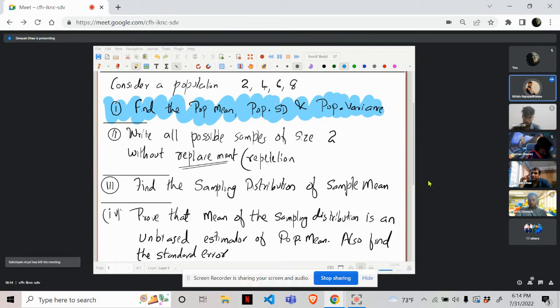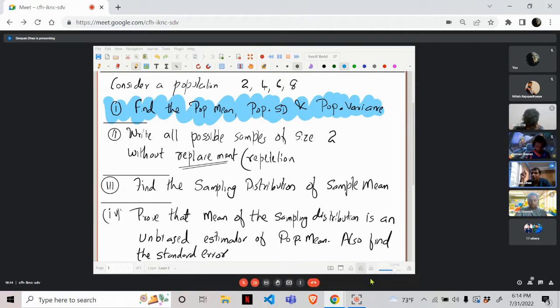Sure. Please take your calculator and put it in one variable mode. Nishal, do you have a calculator?